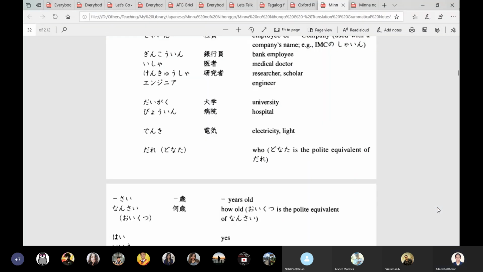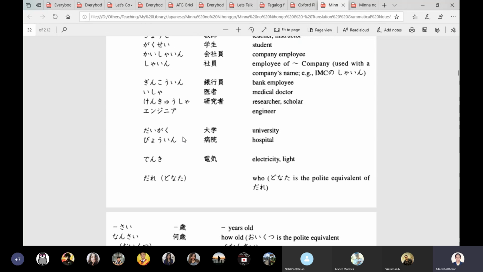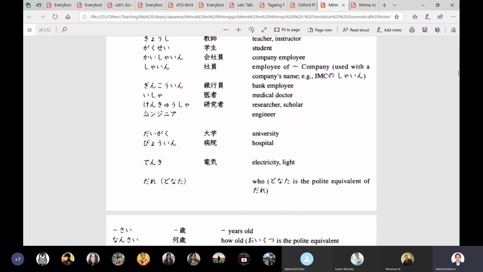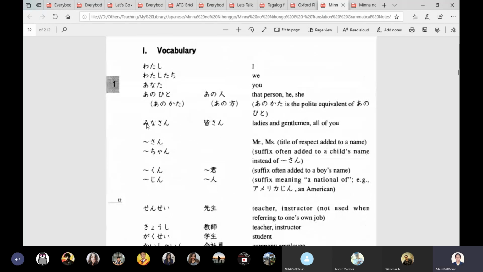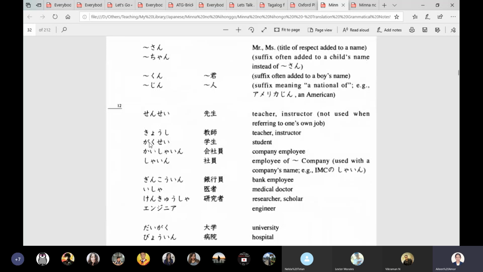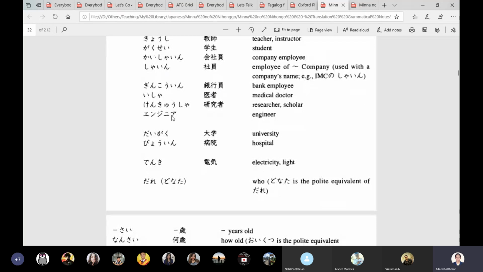Okay, as you can see, the characters are different for engineer as compared to the rest. The other words are Japanese words. That's why hiragana was used. But for borrowed words, words that originated from other languages, like engineer, which is from English, we use katakana.